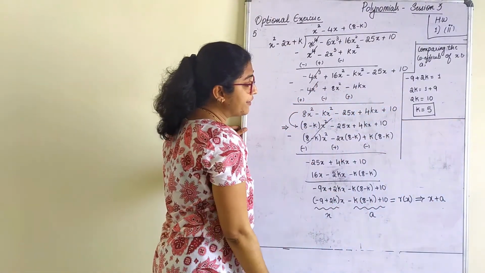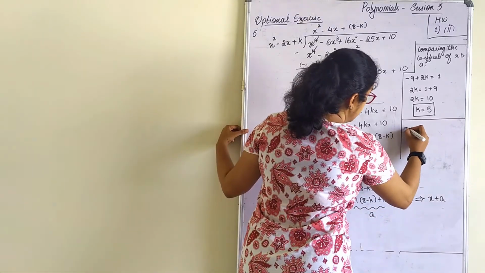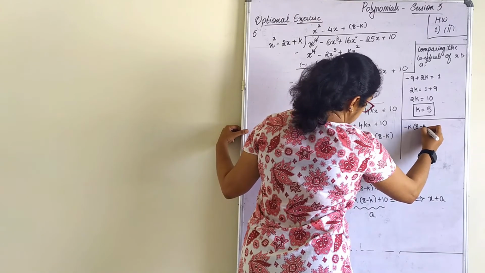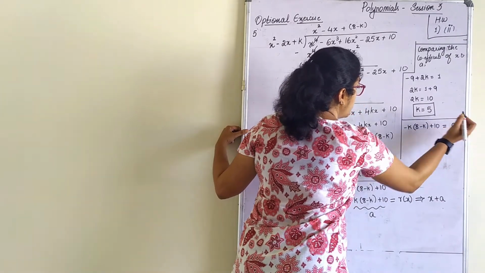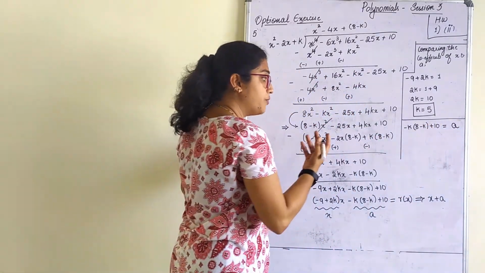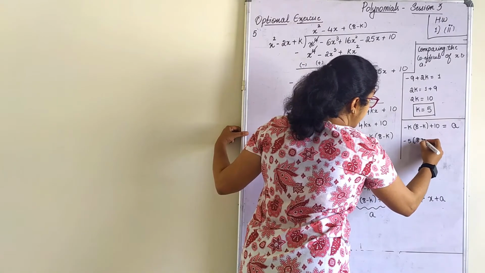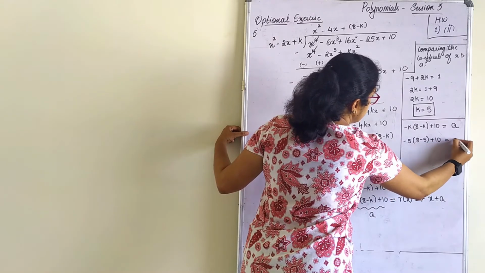So what is the coefficient of a here? Minus k of 8 minus k plus 10 is equal to a. What is the k value? 5. Substitute. Minus 5 times 8 minus 5, plus 10, is equal to a, which is 8.